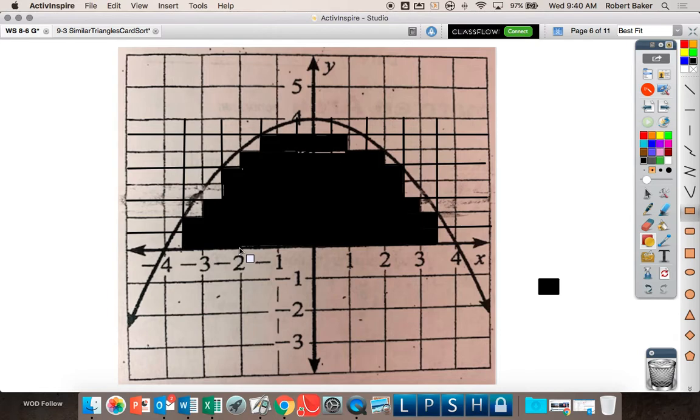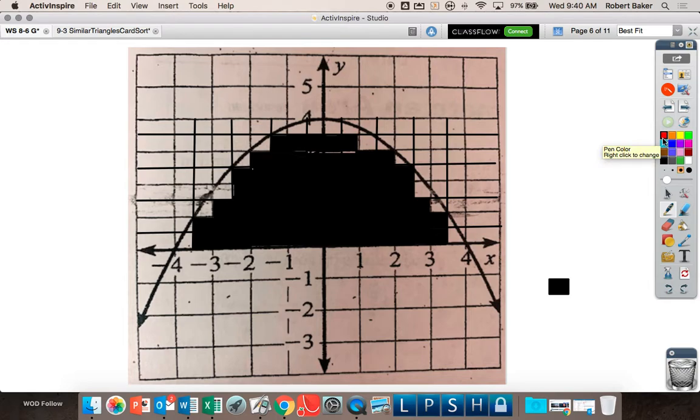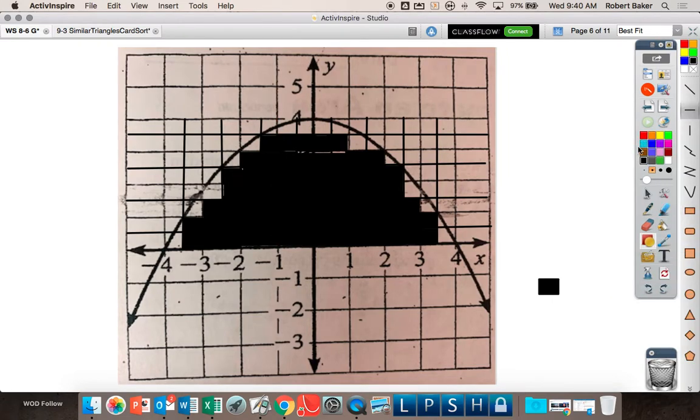So now we have to take the inevitable task of counting all those boxes. Now, remember that a box is quantified as 1 square unit. Wait, can you just count how many boxes are in it and divide by 4? So what I'm doing here is following the x and y axis. It's really hard because I've covered up all my lines here. I don't know how to do this.